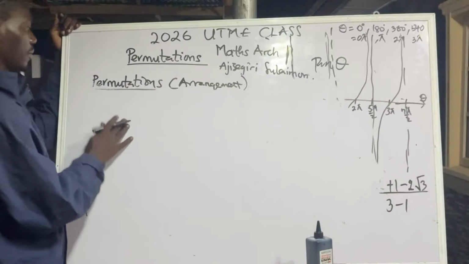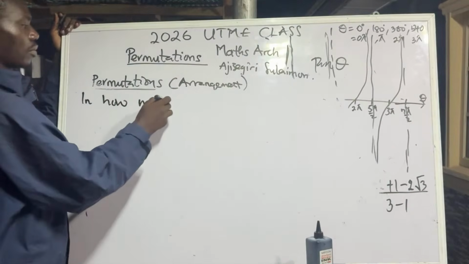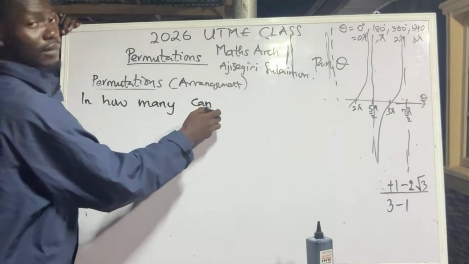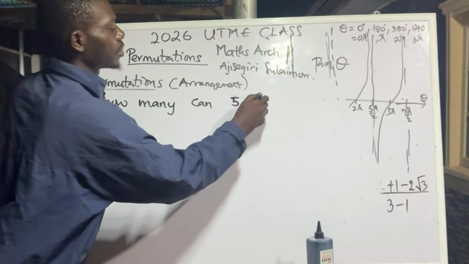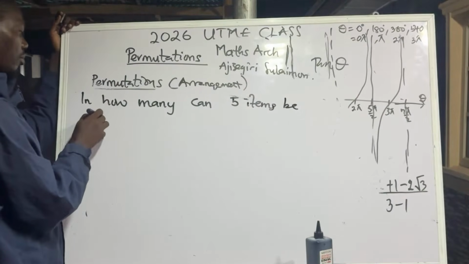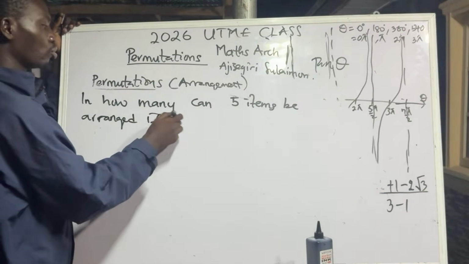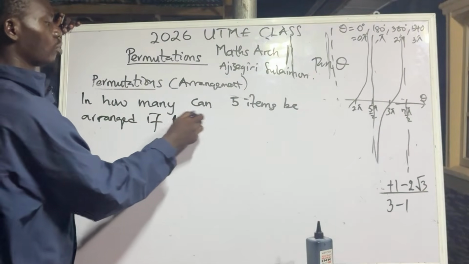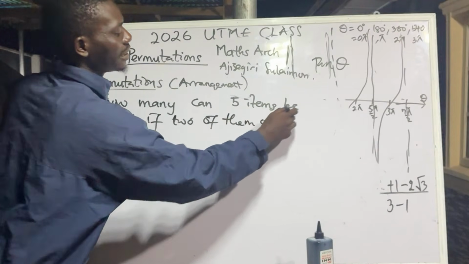Now look at me. In how many ways can 5 items be arranged if 2 of them are identical?